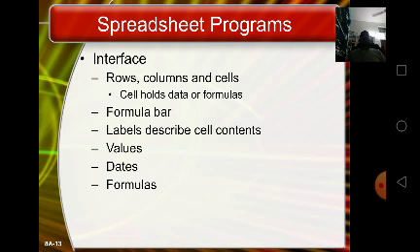If a cell already contains data, you can edit it in the formula bar. A worksheet's cells can hold several types of data, but there are four most commonly used kinds of data.